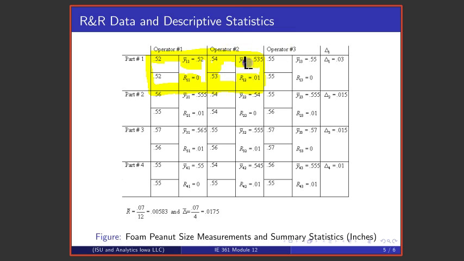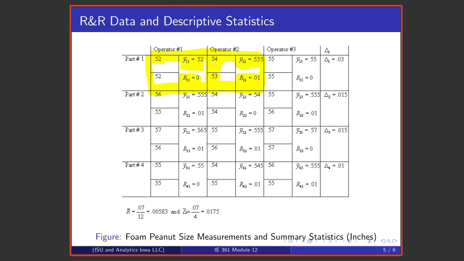The difference between the Y bars for operator 1 and operator 2 most obviously is produced by differences that we would call reproducibility differences.